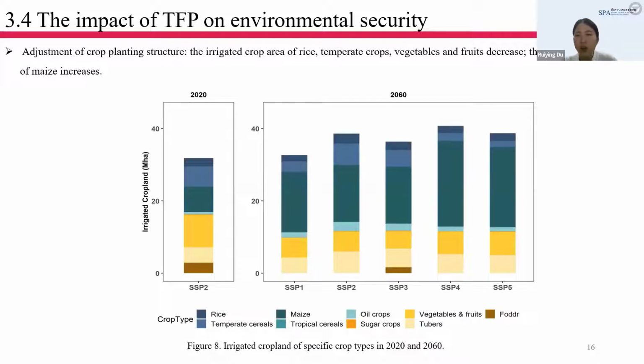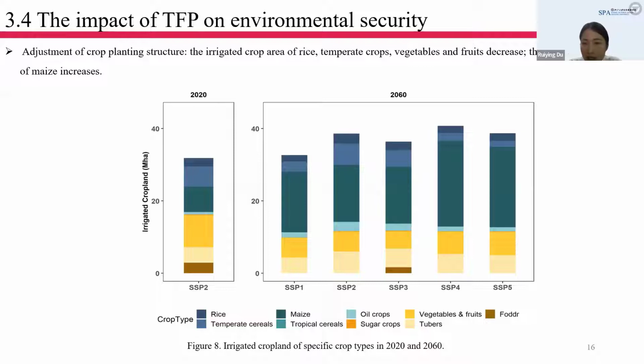The alleviation of water scarcity is mainly because the growth of TFP gives room for adjustment of the crop planting structure. Figure 8 shows the irrigated cropland of specific crop types in 2020 and 2060.